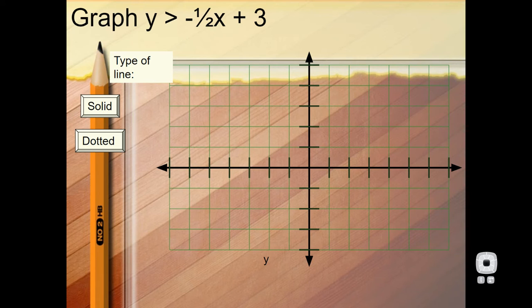Is it dotted? All right, so this will be a dotted line. Okay, so that's what everybody said.